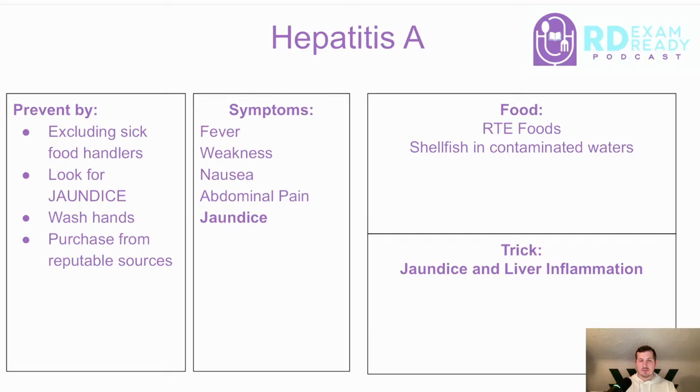Washing hands helps prevent it, and purchasing from reputable sources is another way to prevent hepatitis A. Your symptoms would be fever, weakness, nausea, abdominal pain, and like I said, that jaundice is going to be a big key to hepatitis A.